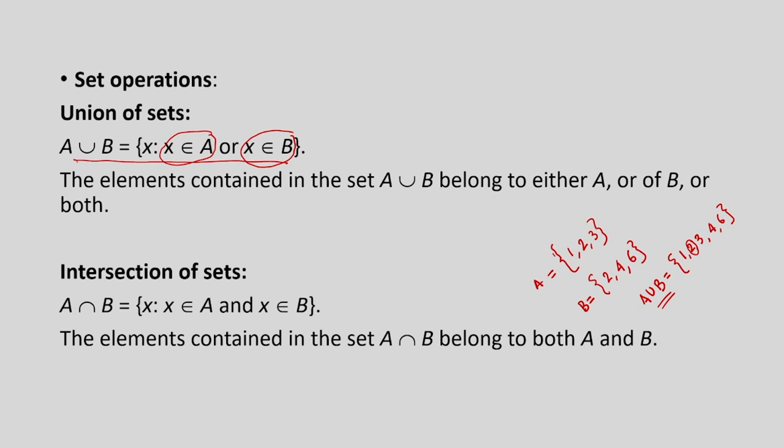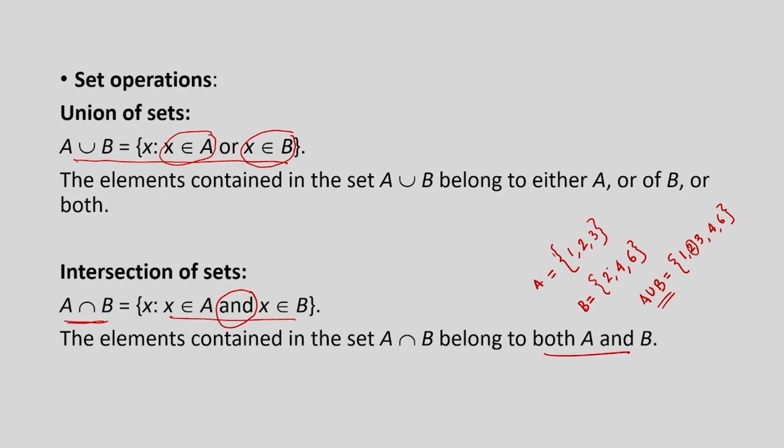Intersection of sets, and this is related to the first idea. Here A intersection B, this looks like an inverted U, is a set such that any element of that set satisfies this property, that any particular element of this set belongs to A as well as B. So, and means it belongs to A, but it also belongs to B. The elements contained in the set A intersection B belong to both A and B, right.